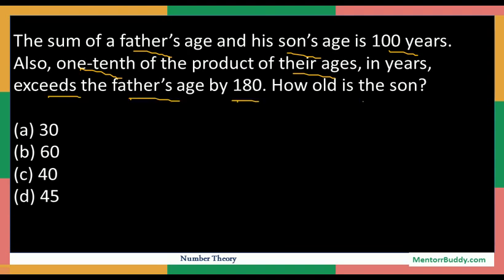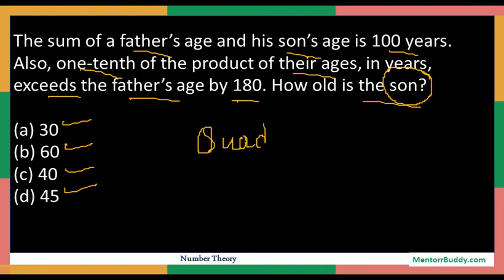How old is the son? So we need to figure out the age of the son, and the respective options are 30, 60, 40 and 45. Now in order to solve these kinds of questions, we need to understand the basic concept of quadratic equations.